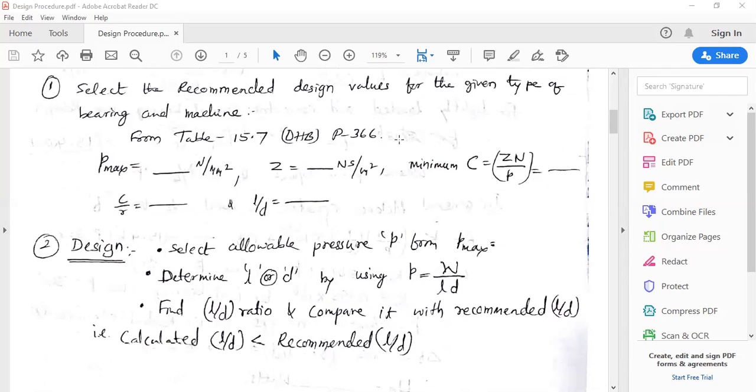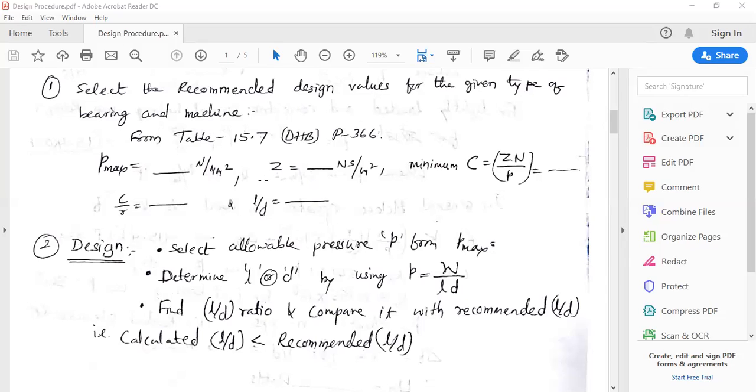Also, for which type of machine or machine member is this journal bearing used, for example a centrifugal pump, a steam turbine, or any other reciprocating pump. There are different machineries, so with respect to that, we have to note down the recommended values, if it is related to the complete design of the journal bearing.